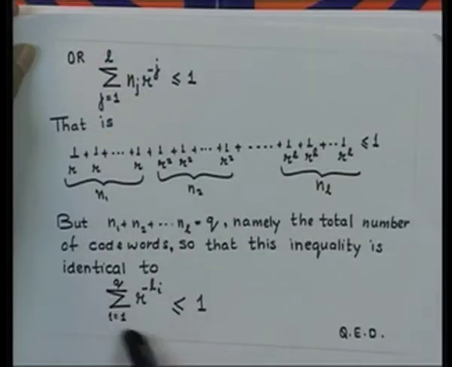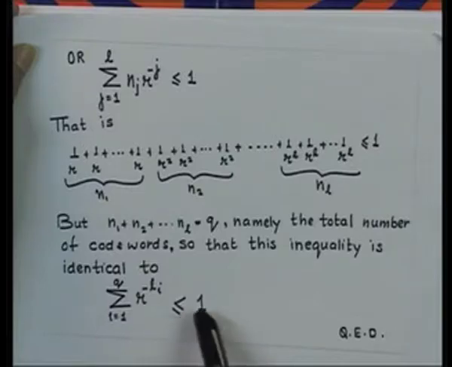What I mean by that is that if the code is uniquely decodable, then like in the case of an instantaneous code, this inequality has to be satisfied. Correct? So, let us try to prove this inequality for uniquely decodable code.